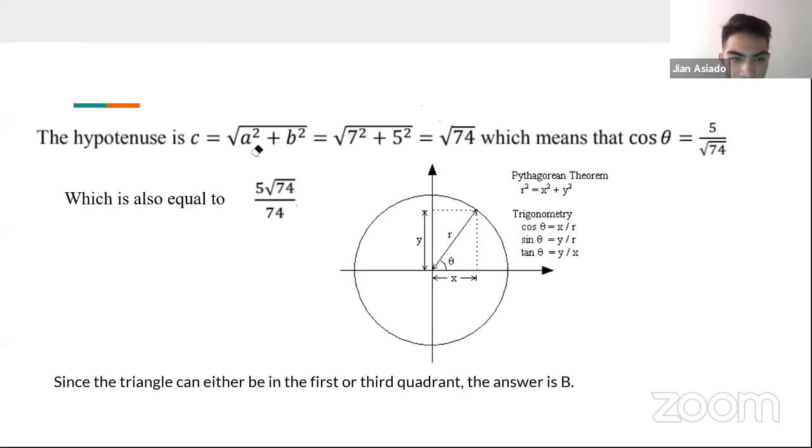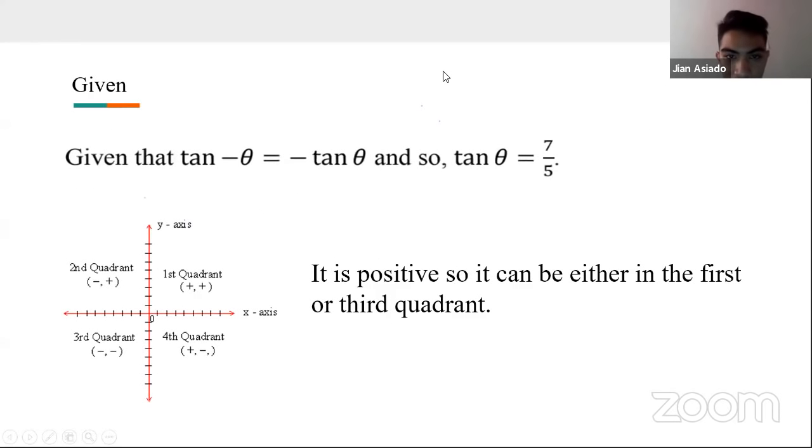That's the hypotenuse, right? So a squared plus b squared is equal to the square root of 7 squared plus 5 squared. Where does this b come from? b is here. Tangent is y over x, so 7 is the y.